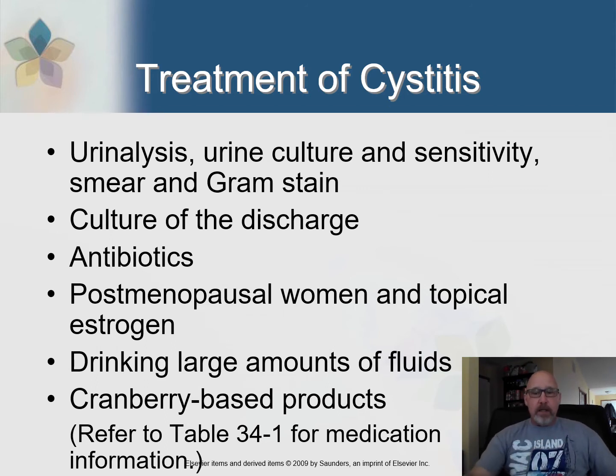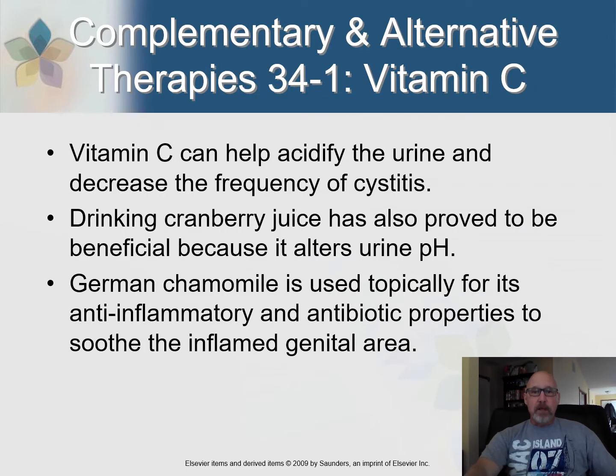So, at the end of the day, that's what cranberry juice does for you. Here's the vitamin C. I already talked to you about all this. This is important for you to understand, that there are things you can do proactively at home if you are prone to frequent urinary tract infections.